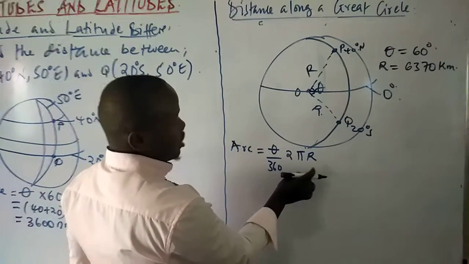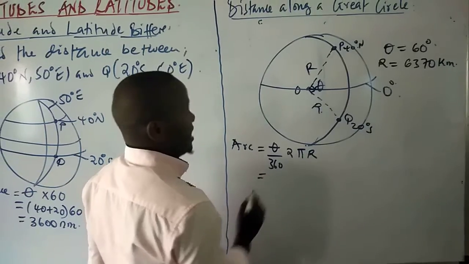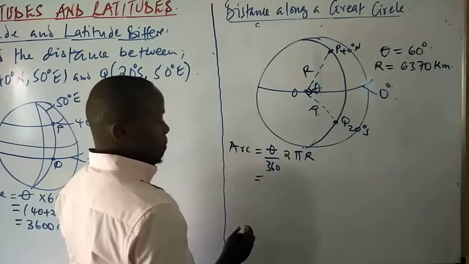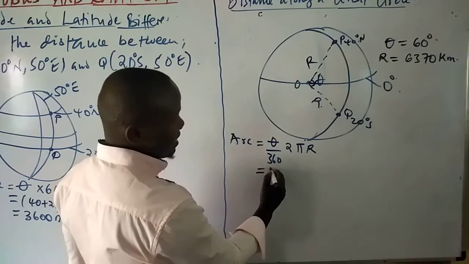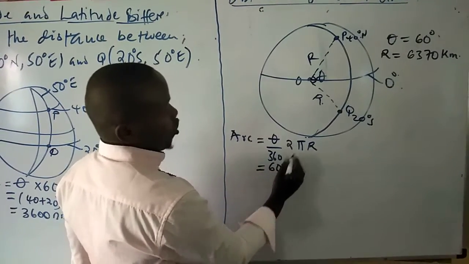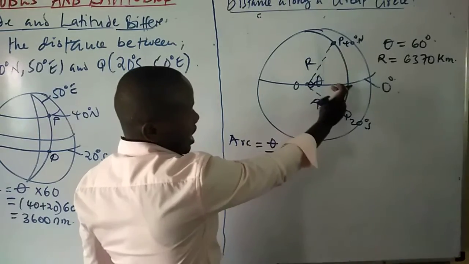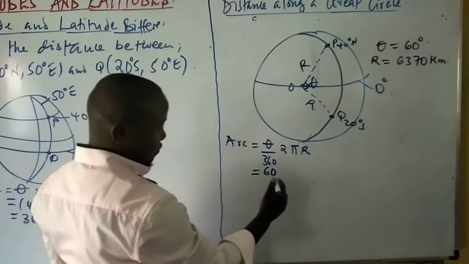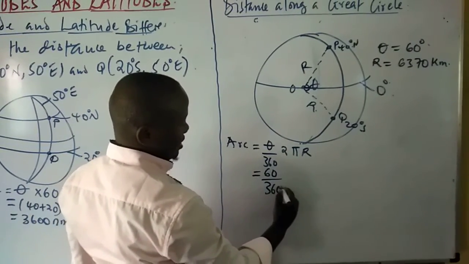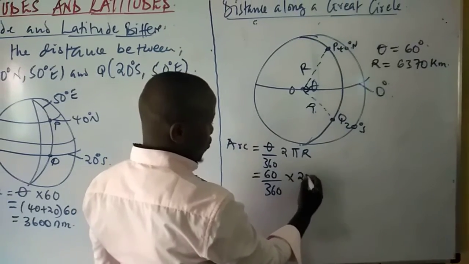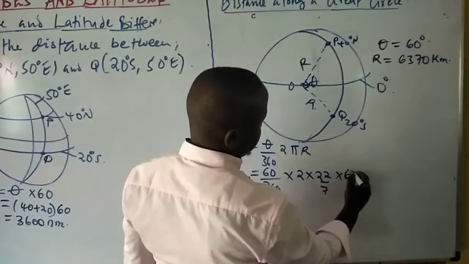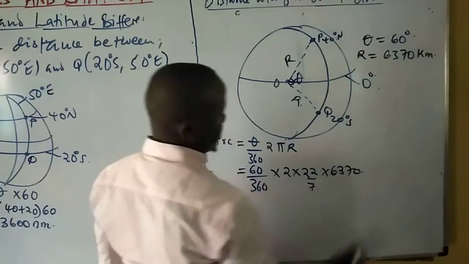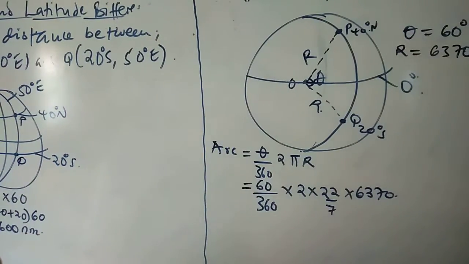To get the distance in kilometers for these two places, theta is 60, because we have 40 in the north and 20 in the south. That is 60 divided by 360 times 2 times pi of 22/7 times 6370, the radius of the Earth.